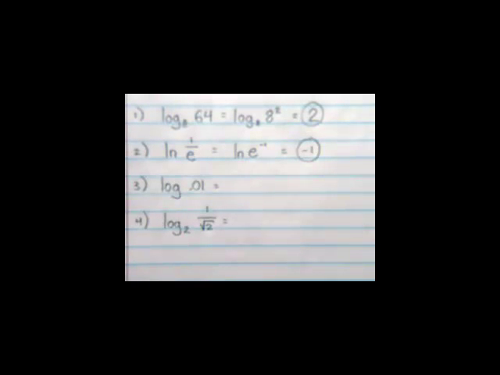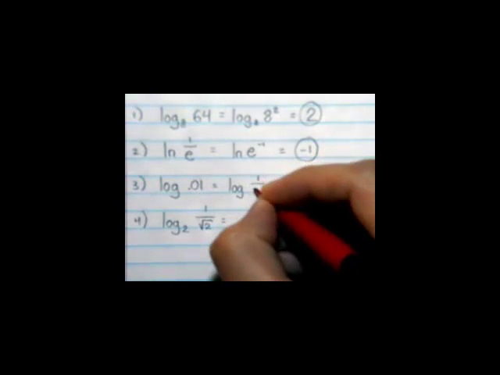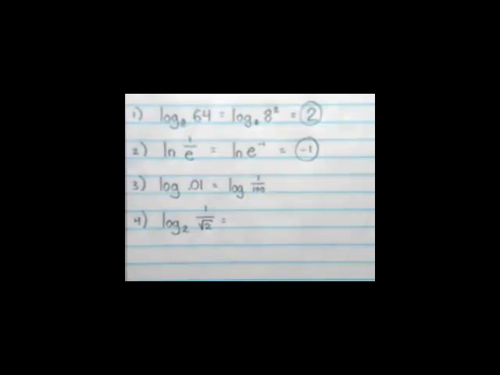Okay. The next one, log of 0.01. Well, it's probably going to be easier to rewrite that one as a fraction in this case, so we can kind of see what's going on better. So what is 0.01? What fraction is that? It's 1/100th, right? So this is the log of 1/100th. Okay. Now, what's the base of this log right here, though? 10, right? It's called a common log. You guys remember that from Algebra 2? All right. Common logs are base 10.